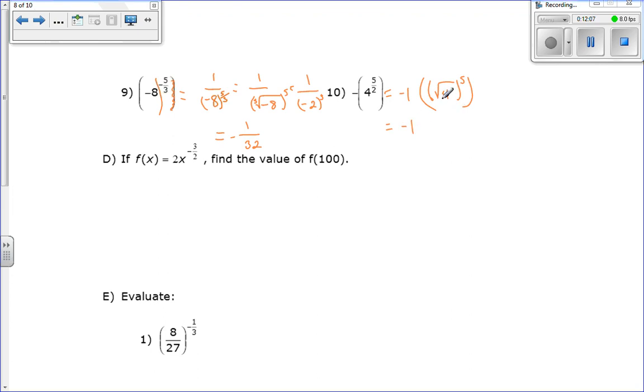So -1, the square root of 4 is 2, to the 5th power. 2 to the 5th power we discovered was 32. That's a -1. So my answer is -32.